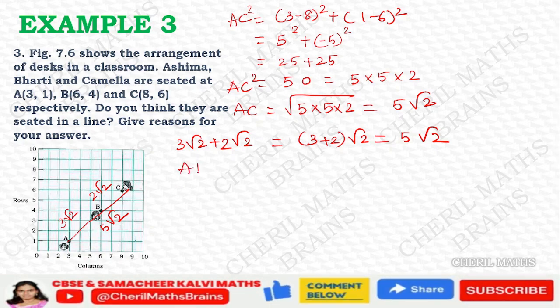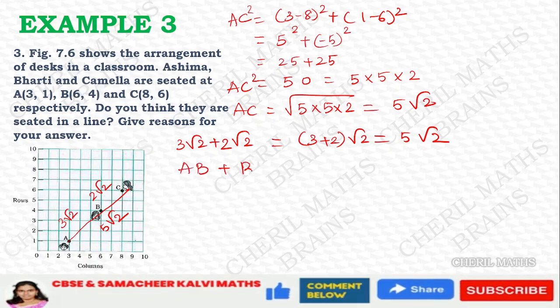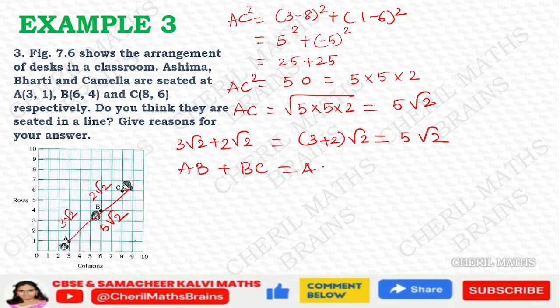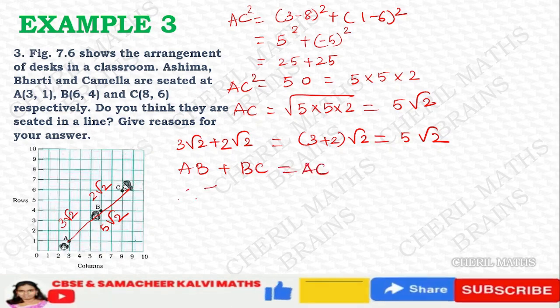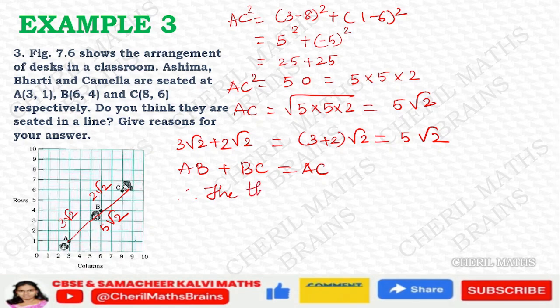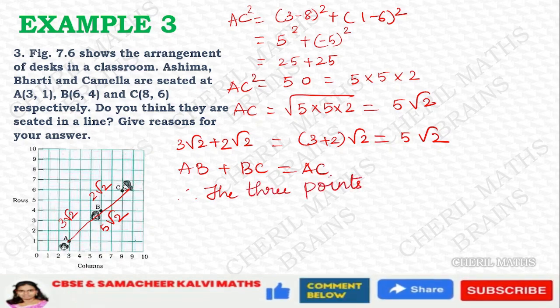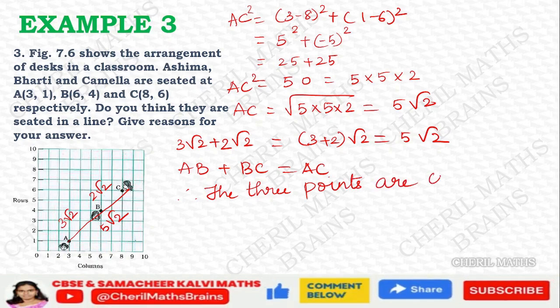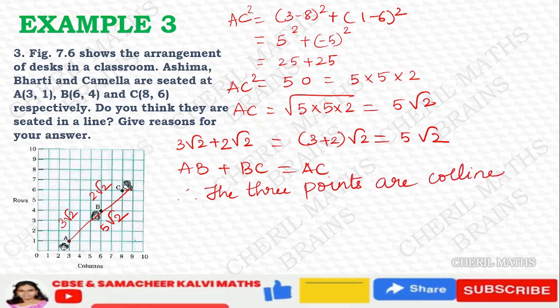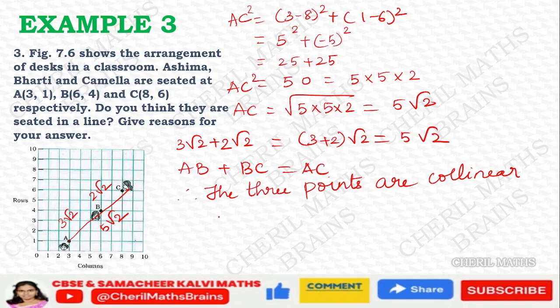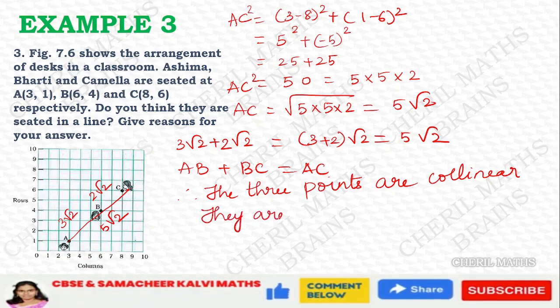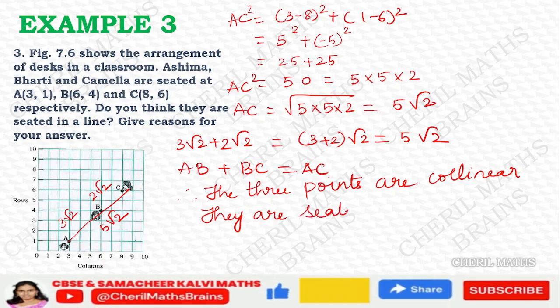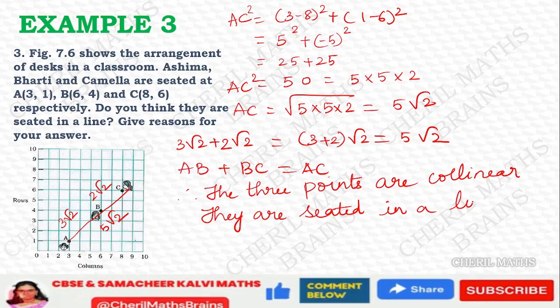We've got that AB plus BC equals AC. Therefore, the 3 points are collinear. Since we proved the collinearity, we can say that they are seated in a line.